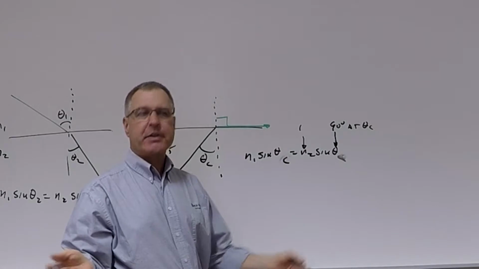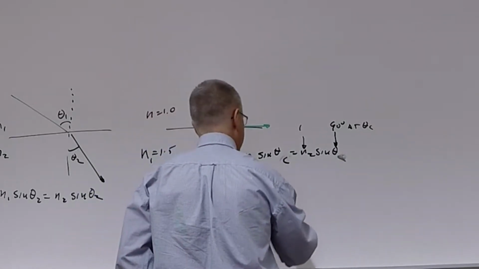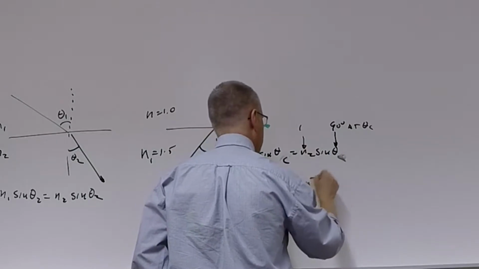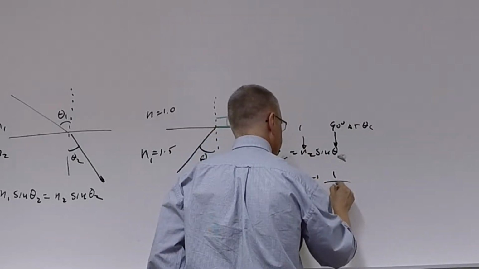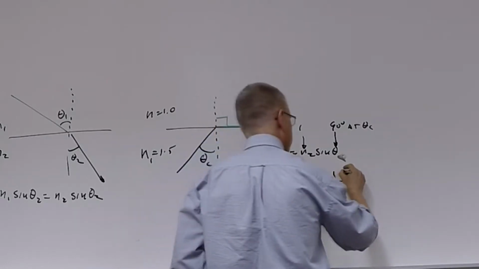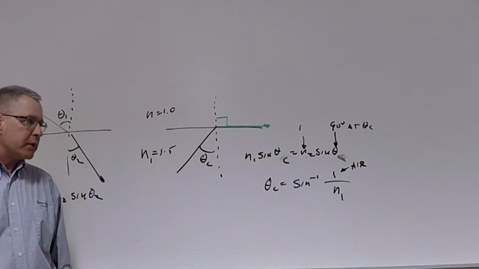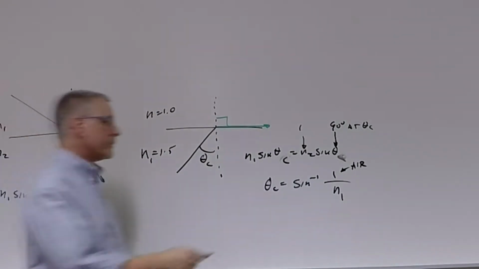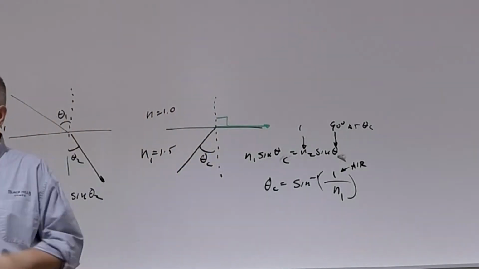Maybe it's a piece of glass and water. That would give you a different critical angle. For this particular case, if you're surrounded by air, that's how you get the critical angle. So we talked about that a little bit.